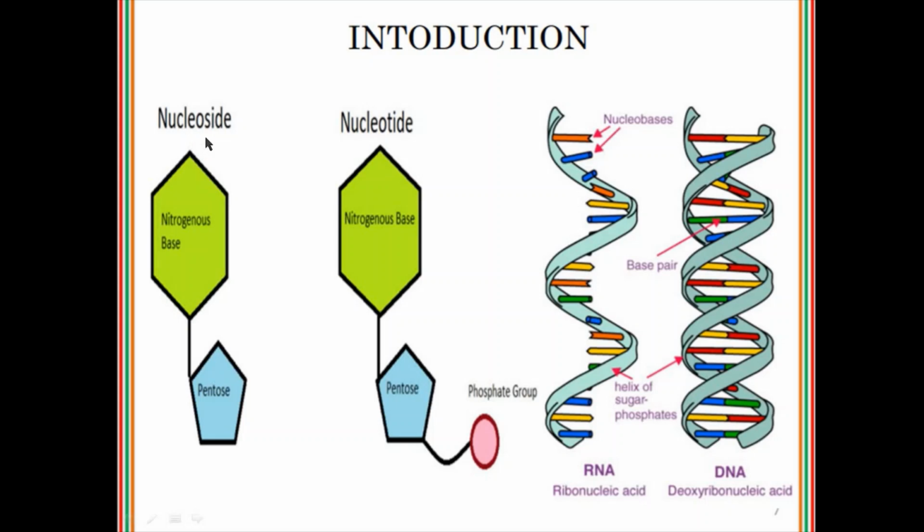So the difference between a nucleotide and a nucleoside is that a nucleoside does not have a phosphate group, while a nucleotide has a phosphate group. Just to recap, a nucleoside is just made up of a nitrogenous base and a pentose sugar, while a nucleotide is made up of a nitrogenous base, a pentose sugar, and a phosphate group.